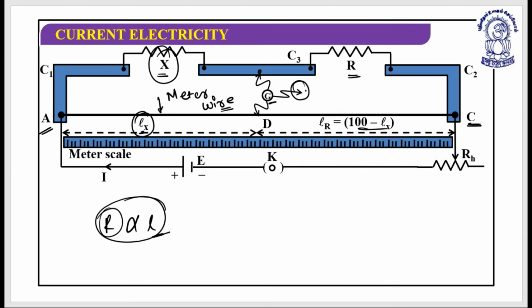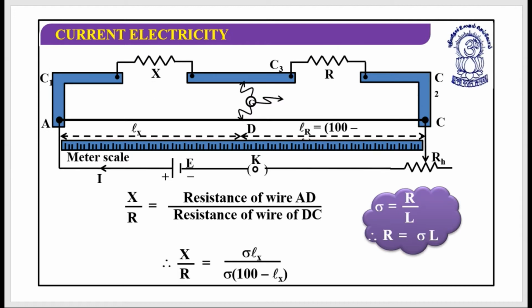So let's have a look then. This is what we have discussed. This is a 1 meter wire, resistance X, resistance R. So if I take a ratio, X by R is to the resistance of wire AD to the resistance of wire DC.